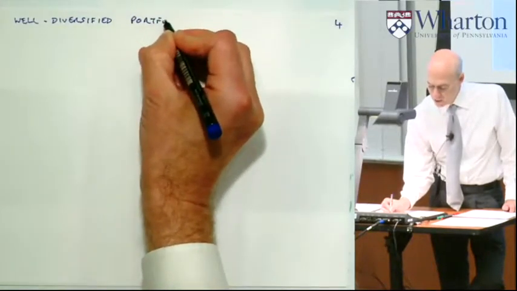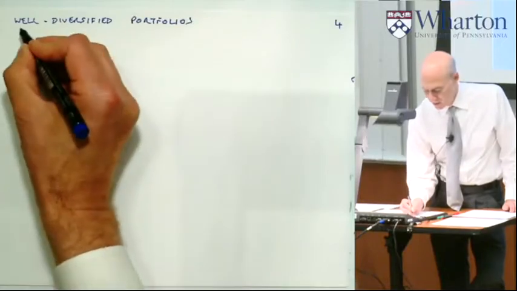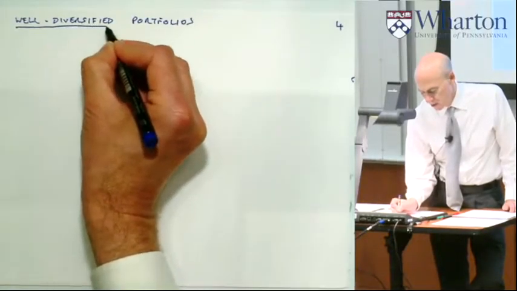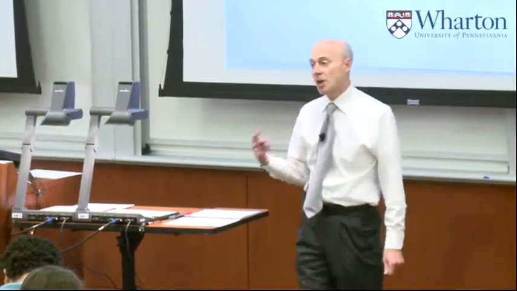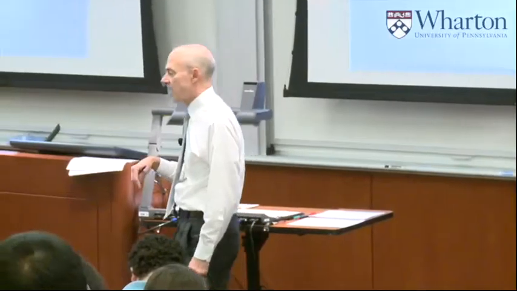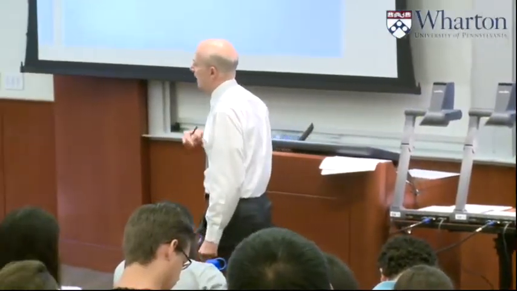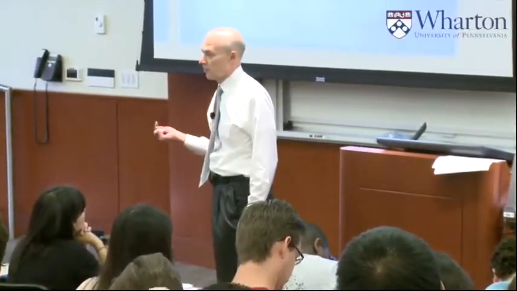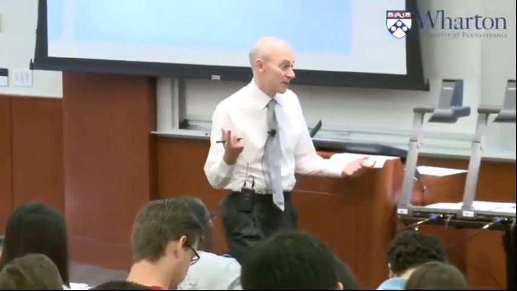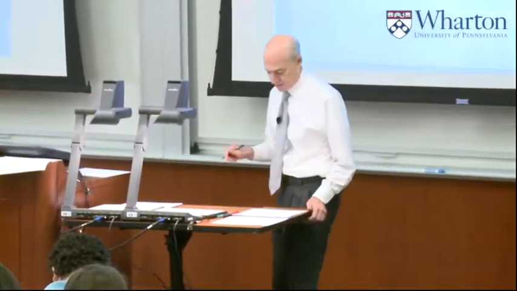Now, if you've done that, what are you left with? You got rid of all the unique, so you're just left with what? Market risks. So what's the correlation between a well-diversified portfolio and the market portfolio? 1, because the unique risk is all gone, pretty much.